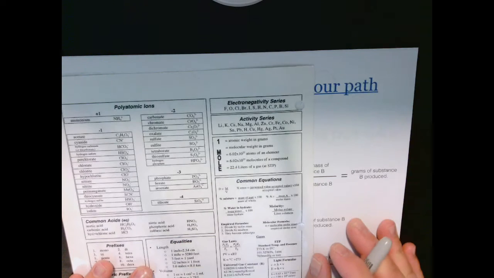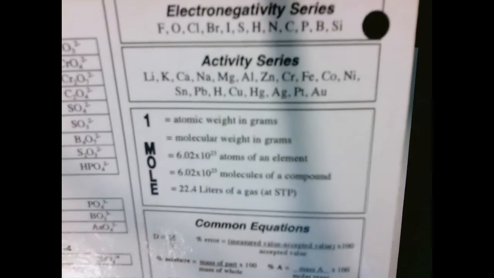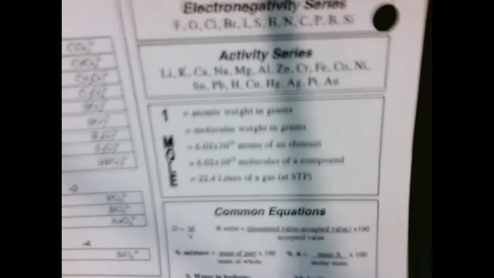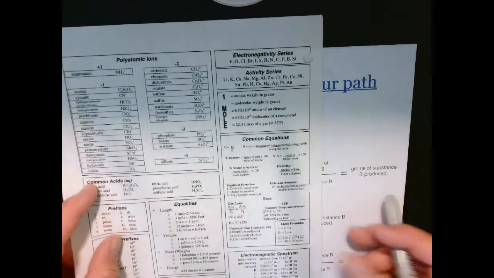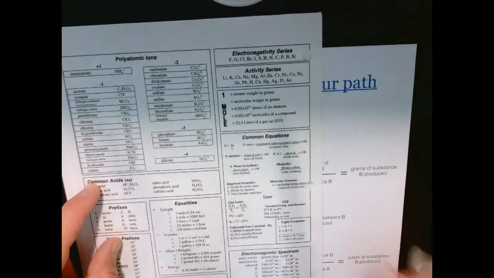Now, what we know to be true about gases, okay? 1 mole of any gas, and you can see it there at the bottom of that mole box, 1 mole of any gas in normal conditions is 22.4 liters in volume.